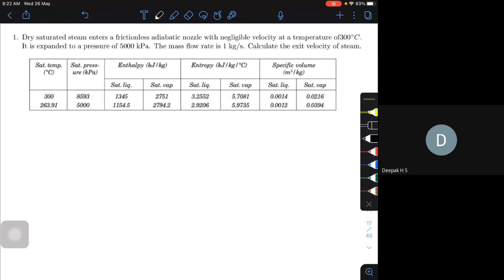You can just make a note of all these values. Now, 1 is your inlet, and 2 is your exit.